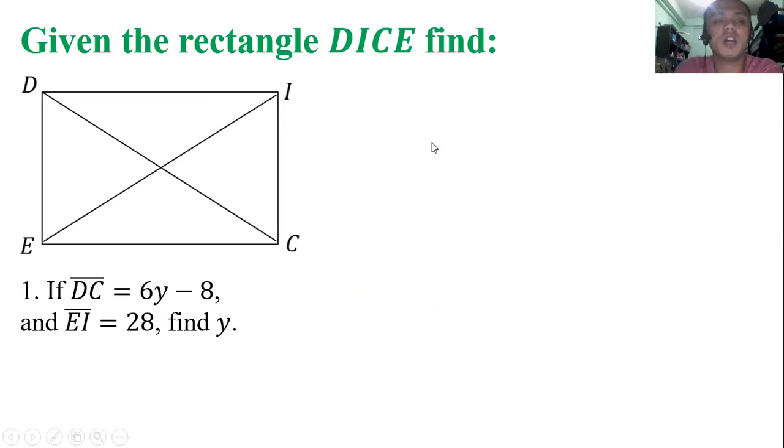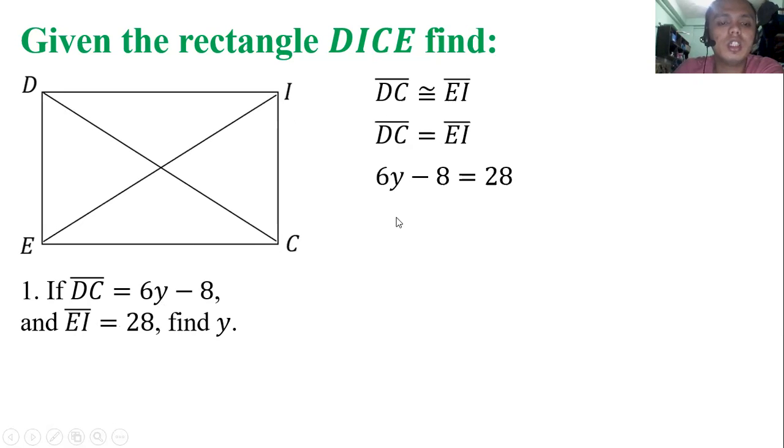Now, exercise tayo. Given the rectangle DCIE, find the following. If DC is equal to 6y minus 8 and EI is 28, what is y? Kasi yung diagonals natin dito are DC and EI. Again, they are congruent because doon sa property, diagonals are congruent, followed by equal.